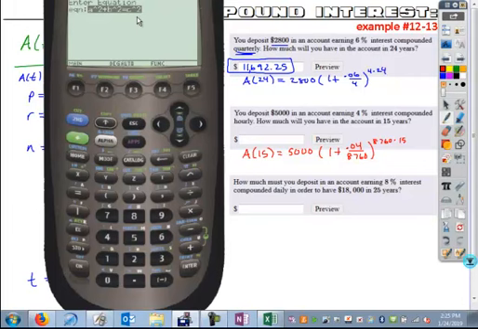But if I enter my compound interest, so if I say here A equals P times 1 plus r divided by n, close that off and take it to the power of, in parentheses, n times t.